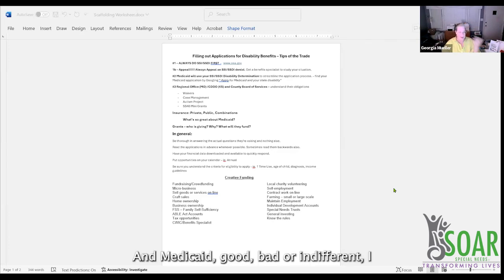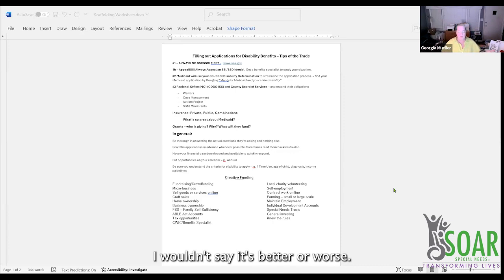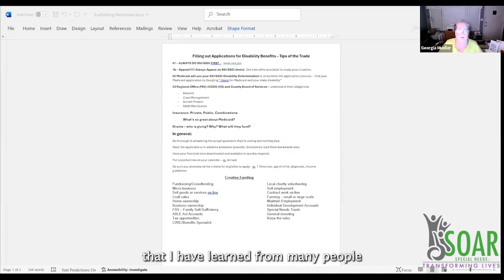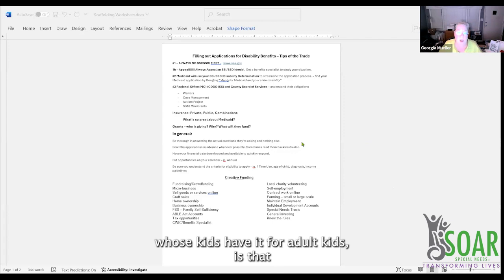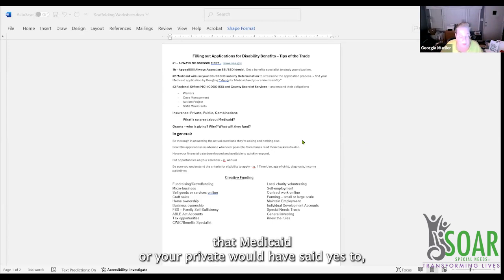And Medicaid, good, bad, or indifferent, gets a bad rap because it's government stuff, and Medicare is too. I wouldn't say it's better or worse. I would say the challenge with Medicare in particular, that I have learned from many people whose kids or adult kids have it, is that Medicare becomes a barrier because they can say no to things that Medicaid or your private would have said yes to.